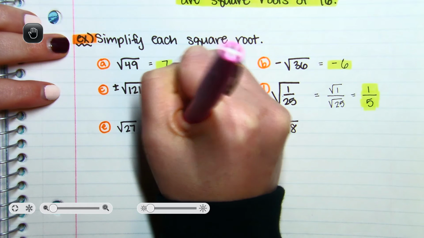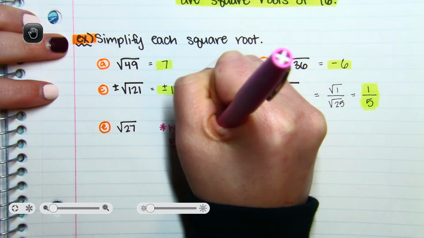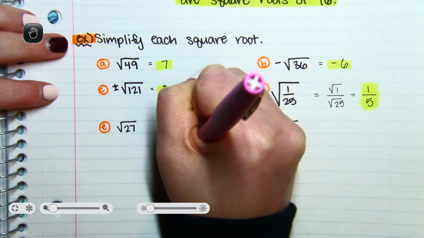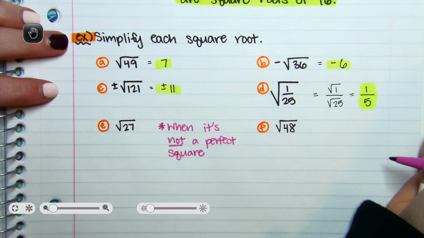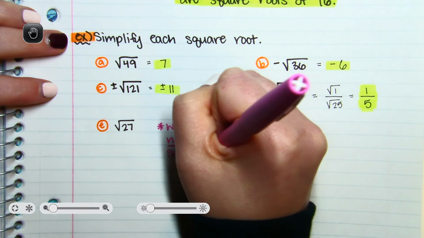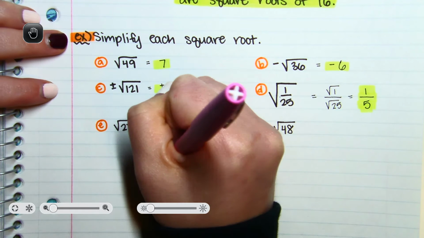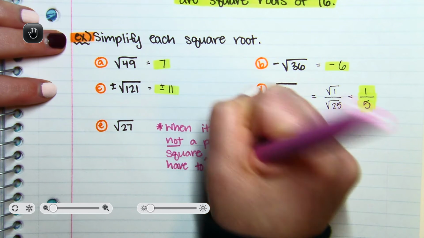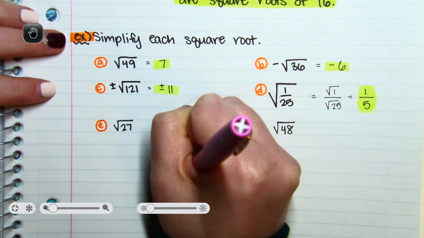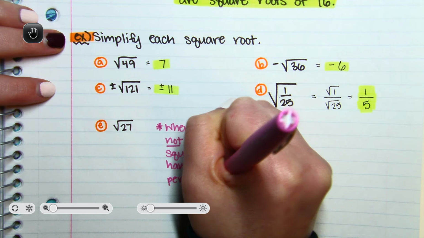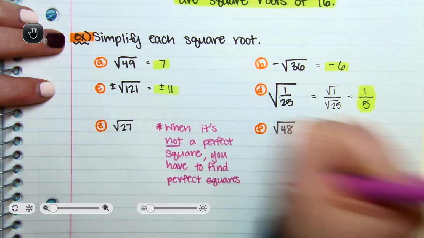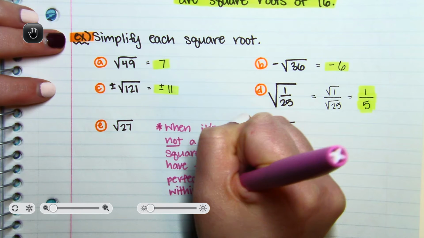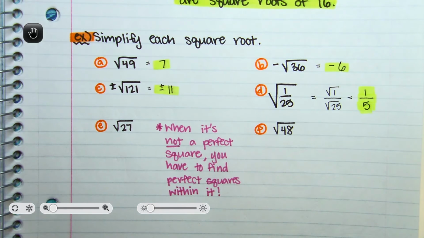So when it's not a perfect square, you have to find perfect squares within it. And I'll show you what I mean.